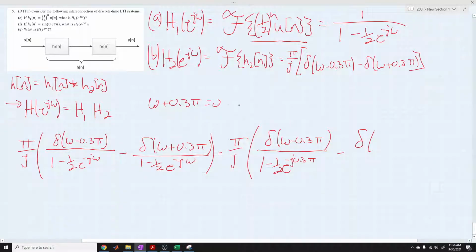We want it to equal 0, so that tells us that omega is equal to negative 0.3 pi. So we have delta of omega plus 0.3 pi, and that's over 1 minus 1 half e to the, would be negative j times negative 0.3 pi, or we can just write j to the 0.3 pi. And that is the answer.